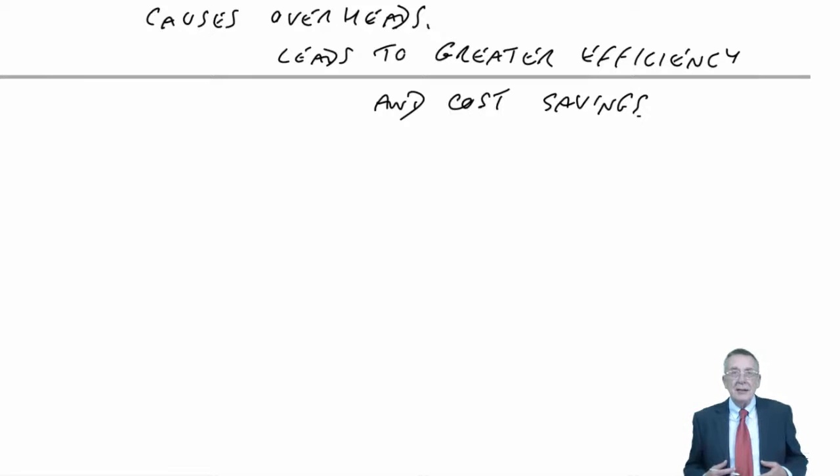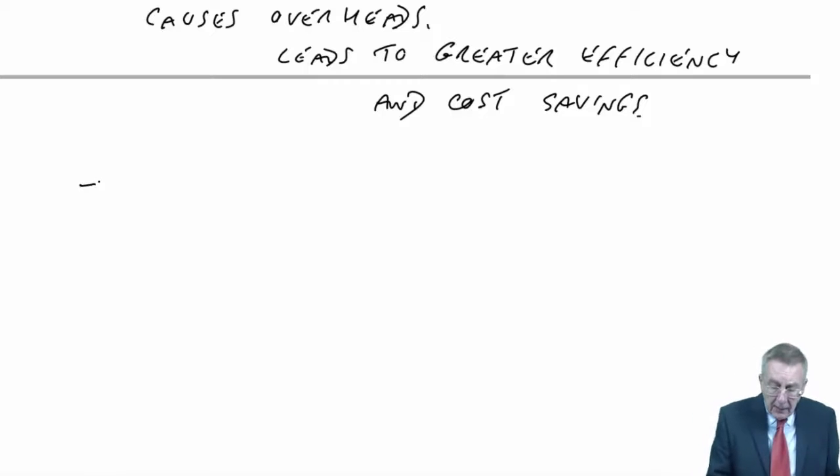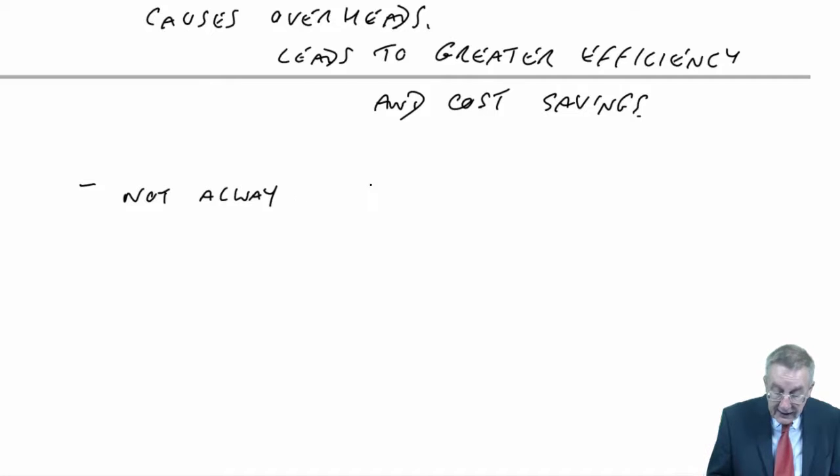What about rent of the factory? What's the cost driver? Is it size of the units? Whatever. And so that's the problem. It's not always possible to identify a cost driver.